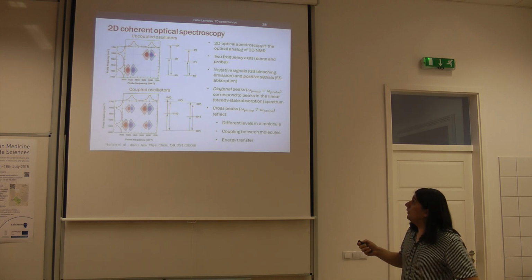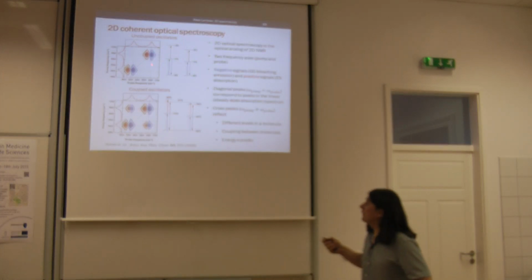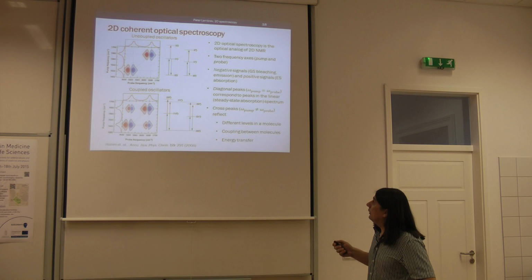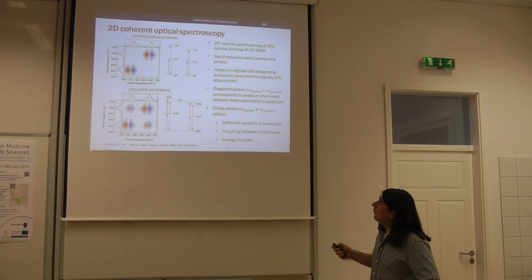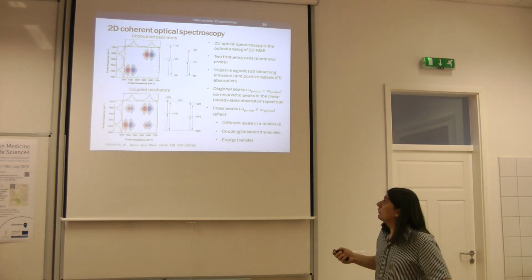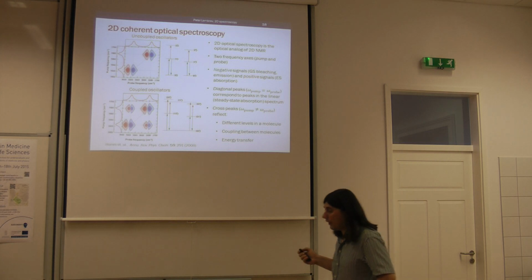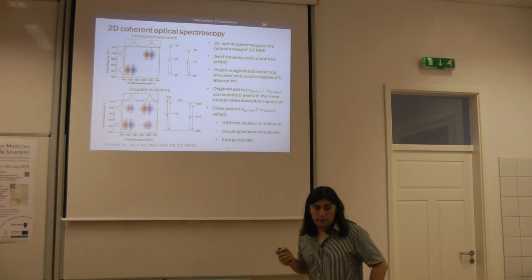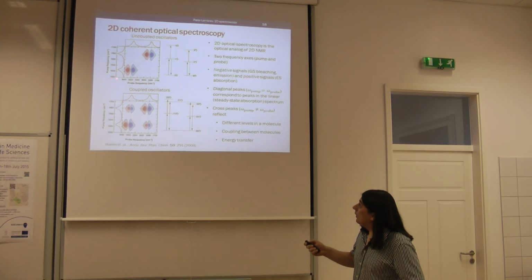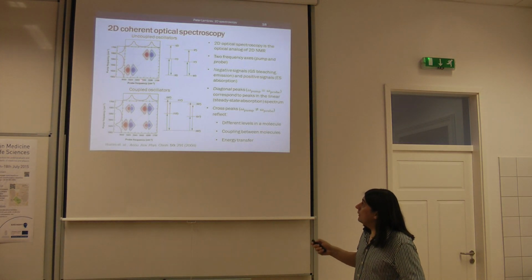So in this case, you have some vibrational modes of acetone, whatever, and if you have two oscillators, two transitions, and they are not coupled to each other, in 2D spectroscopy you have two frequency axes.